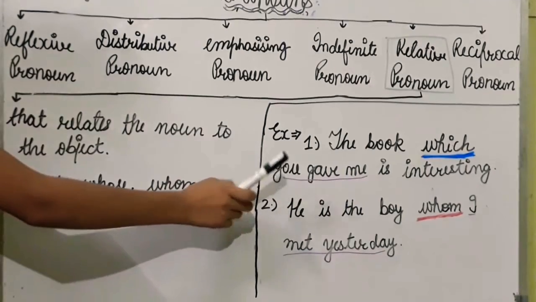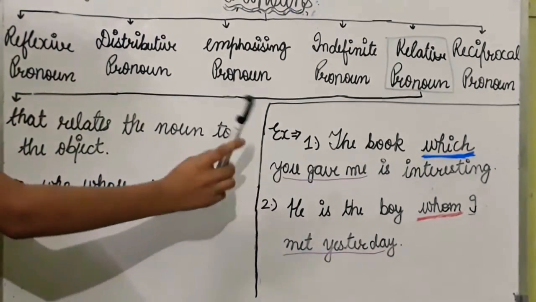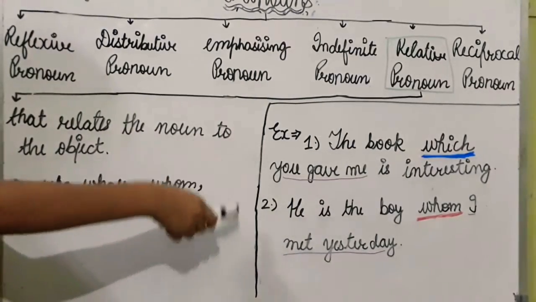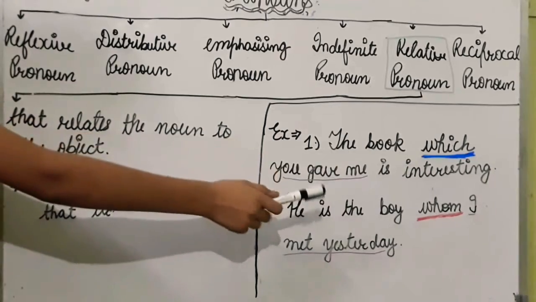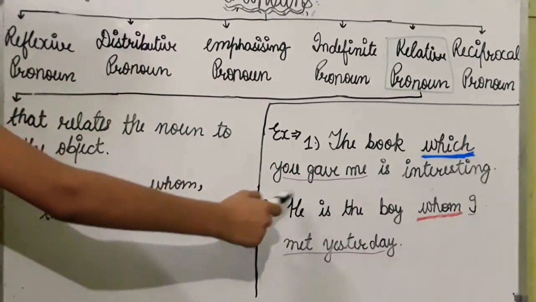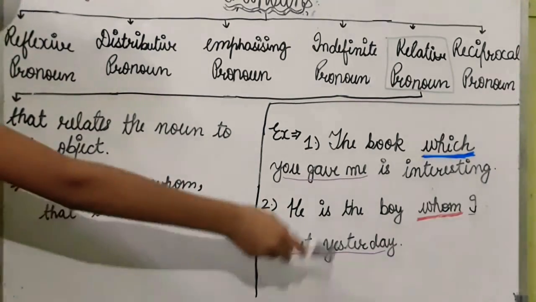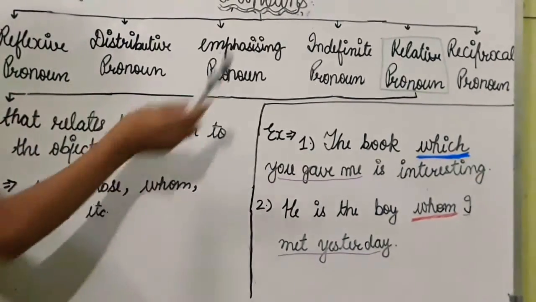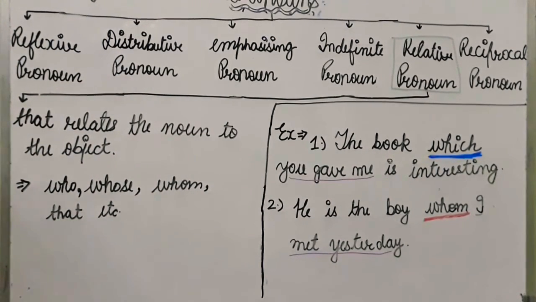So this word is telling about the book. Okay, next is, he is the boy whom I met yesterday. So here the word whom is relating the boy and whom I met yesterday. So here whom is the relative pronoun. So I hope relative pronoun is clear to you.